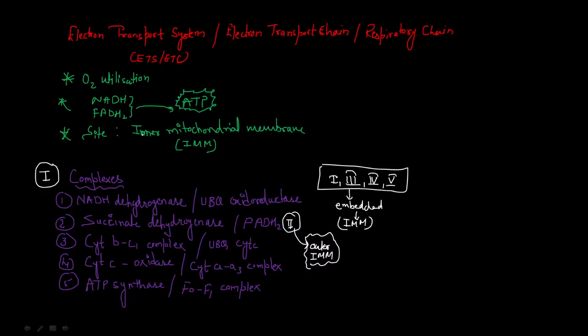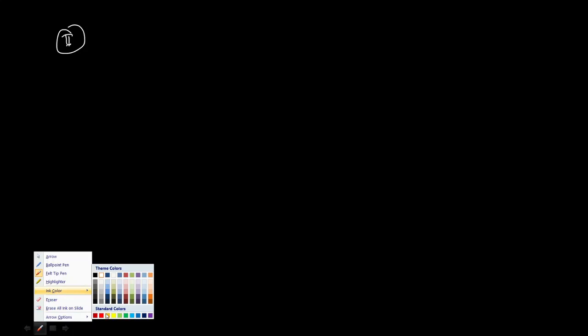Now, I told you the first thing present in the electron transport system is complexes. The other thing present is certain electron carriers. So, what are these electron carriers? The very first one is FMN, flavin mononucleotide.